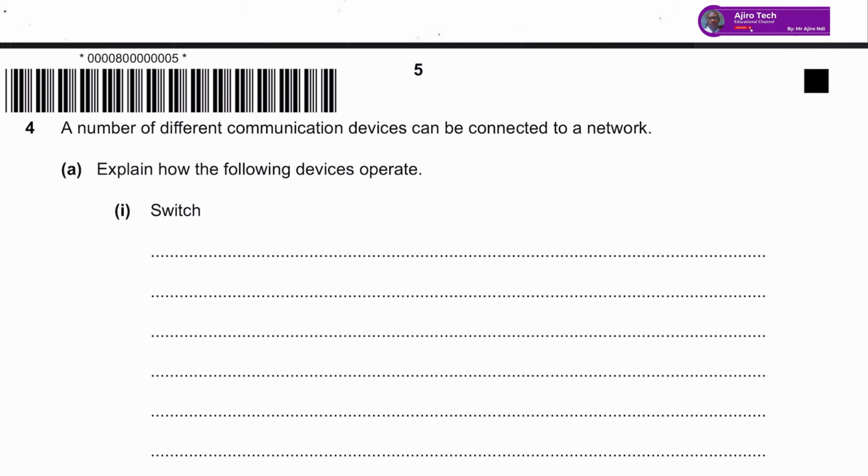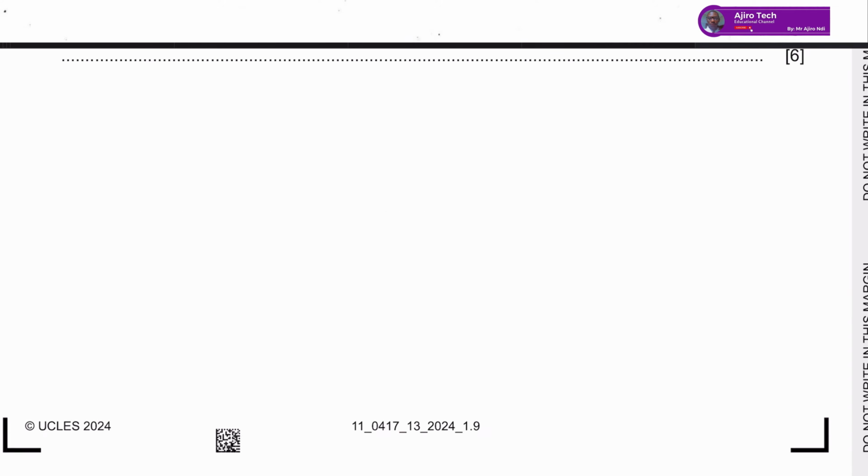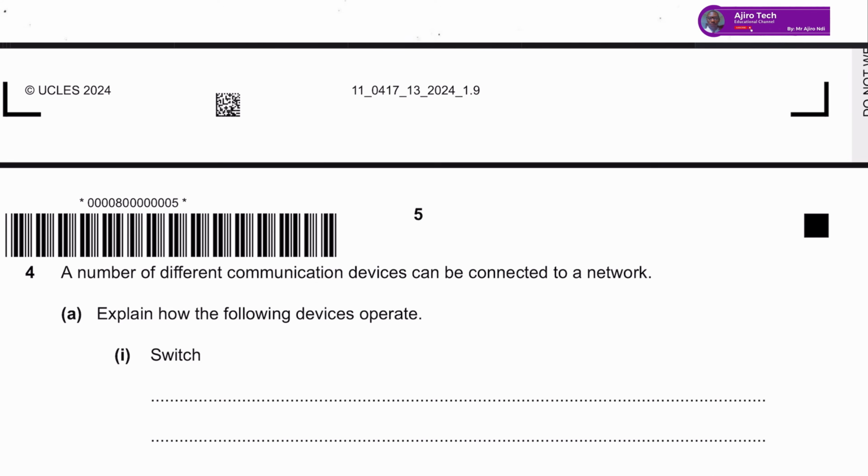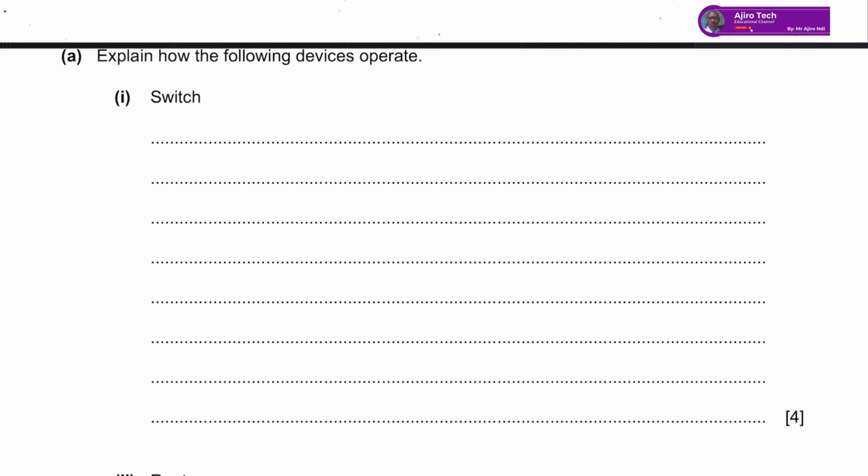Question 4. A number of different communication devices can be connected to a network. Explain how the following operates. So yep, that's chapter 4.